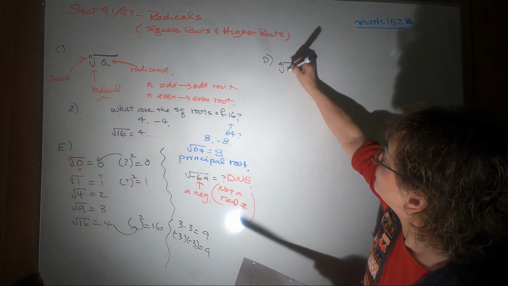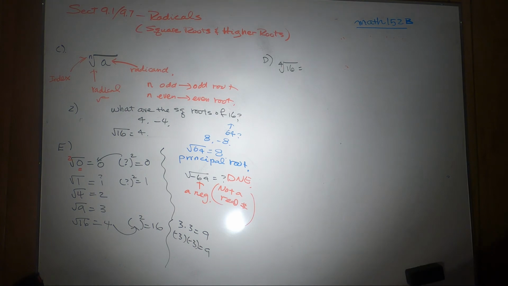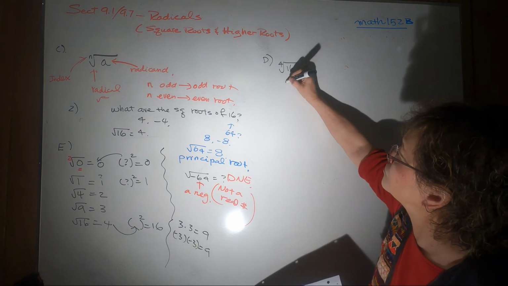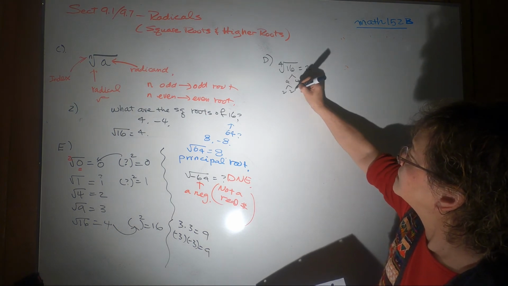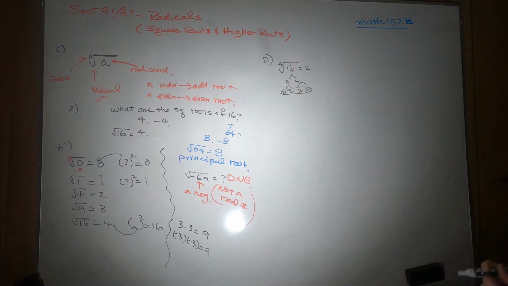So, 4th root of 16, that's a positive, right? So, what kind of answer will you give? Some number multiplied by itself 4 times is 16, right? It's 2. Or you can do the trees. Then you find out, oh yeah, 4 of them, right? So, you can do that.